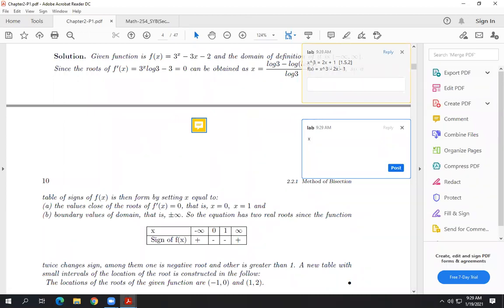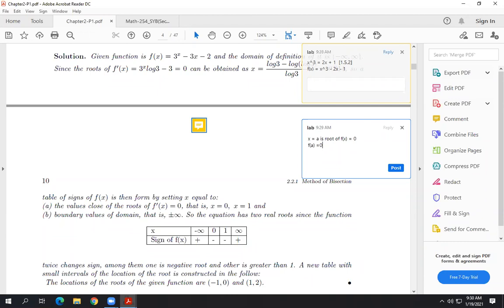If I say x equal to a is a root of the nonlinear equation, what does this mean? f of a must equal 0. This is the guarantee we have here.